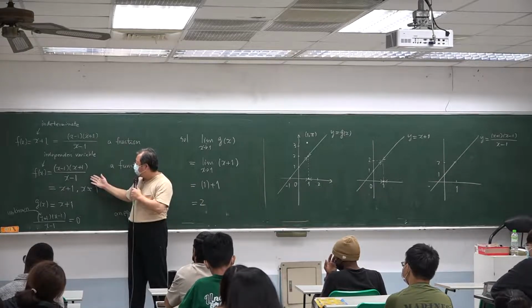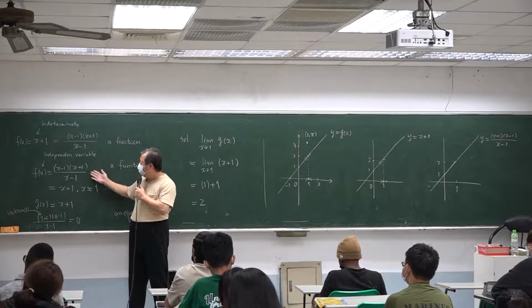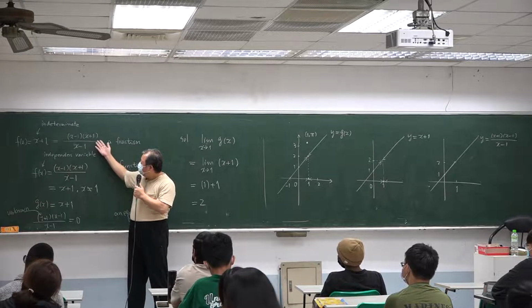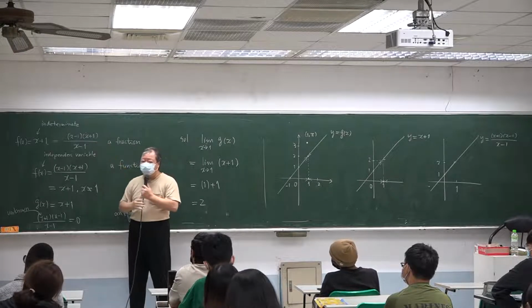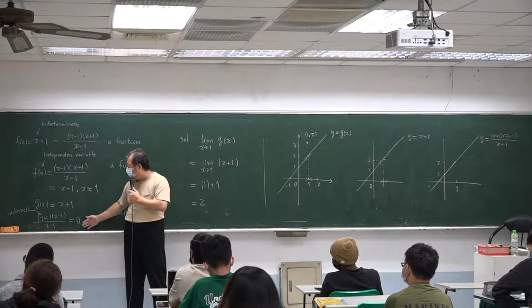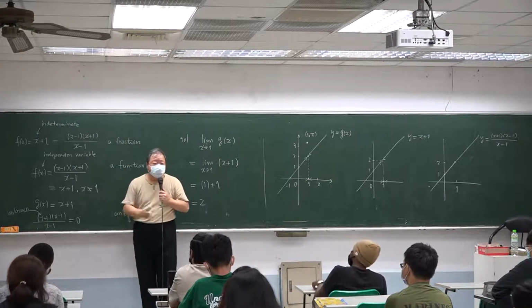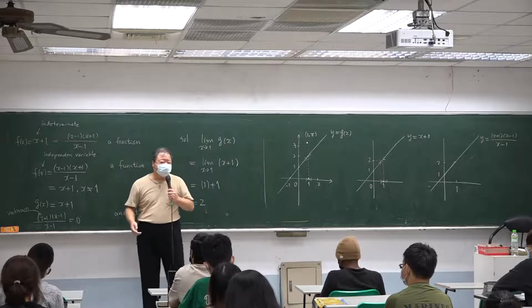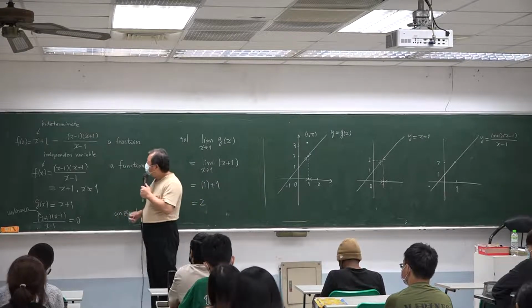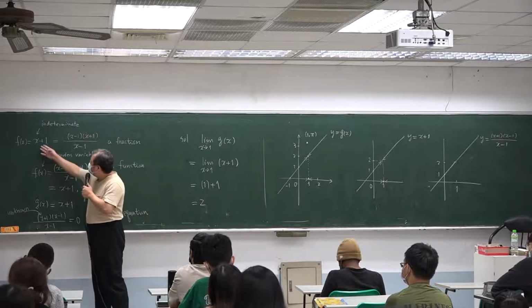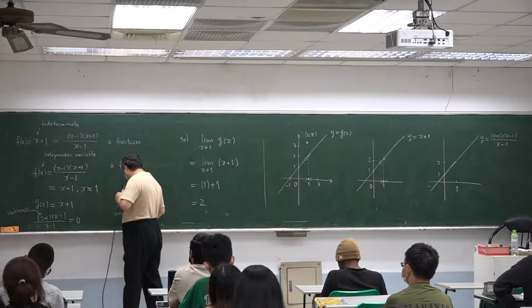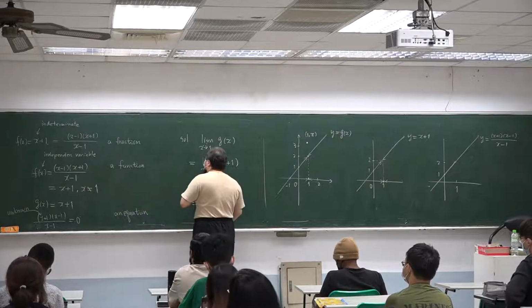所以在函数的时候叫做独立变数，叫自变数；在分式的时候叫做不定元。那么在方程式里面的 x 叫做未知数，都是数，但是你要特别注意。When we talk about this, independent means a generalized number.